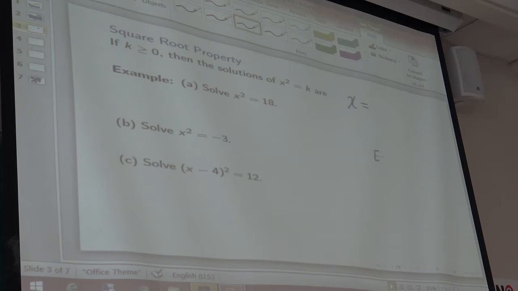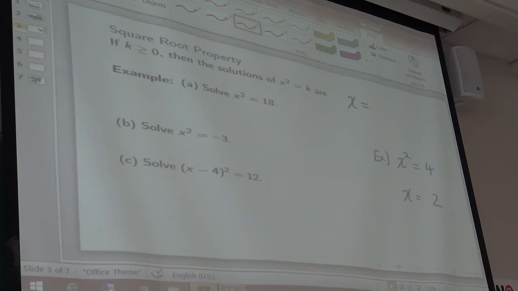Let's think about the following. x squared is 4. What is x? Two. Is that 2? 2 squared is 4. The 2 is a solution. We have only one solution.